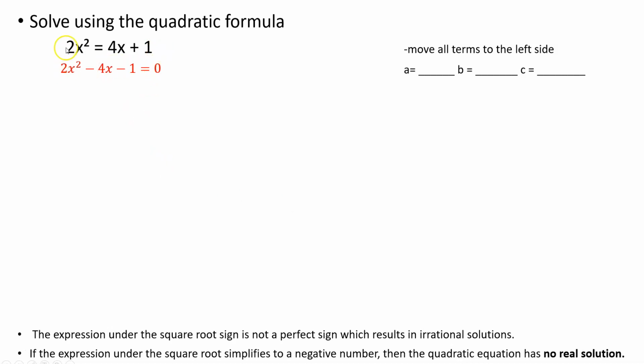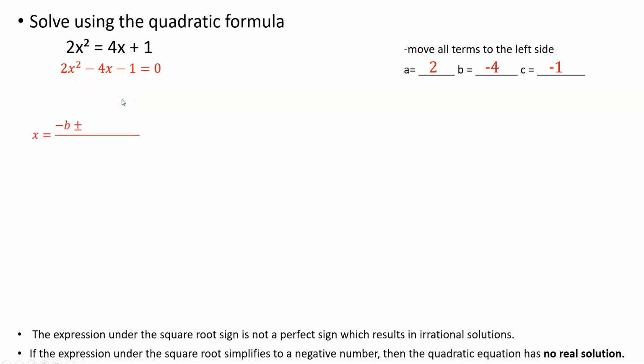I prefer to do it that way rather than making the 2 negative, because if you subtract the 2x squared, it gets really messy when trying to do the quadratic formula. So I prefer to keep the a as a positive number. So we have ax squared plus bx plus c. So a is 2, b is negative 4, and c is negative 1.